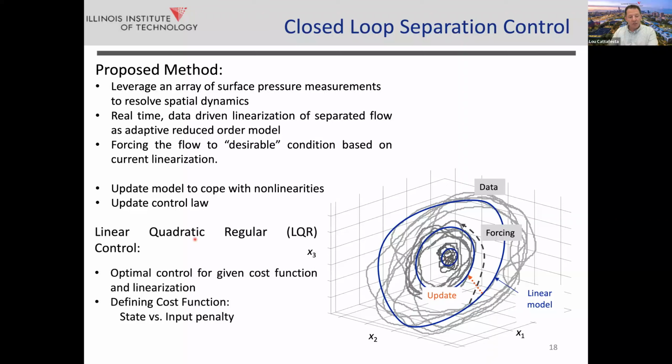And you will see that we do this by using a very simple linear quadratic regulator that is based on a measurement of the states. The states are that of the pressure transducers that are detecting what's going on at the surface. And you'll see that when we do this, this is an optimal control framework, and we need to define what states and what the penalty is that we want to use. And I'll talk about that shortly.